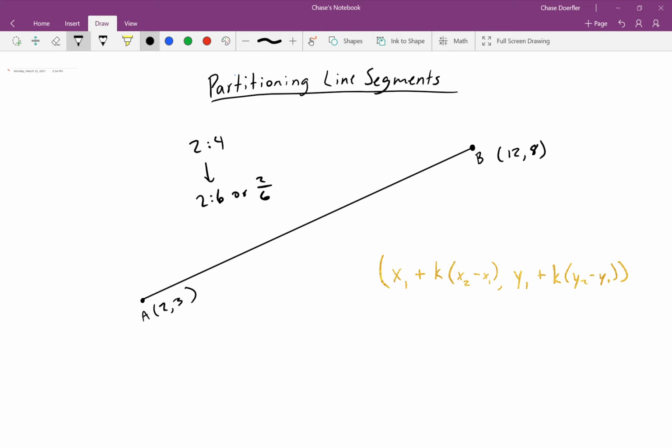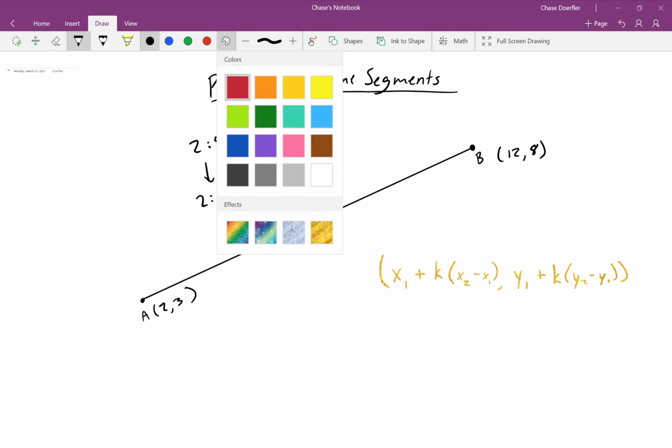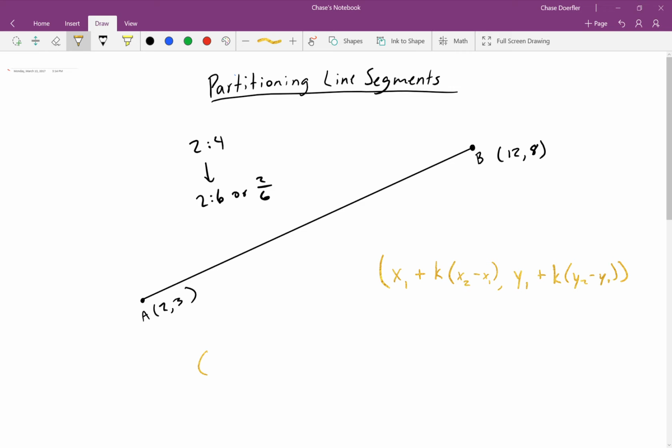And now I'm going to plug it into the formula that I gave you. That would be 2 in place of x1 plus 2/6 times 12 minus 2, comma, 3 plus 2/6 times 8 minus 3.